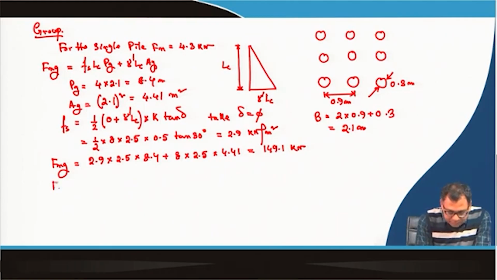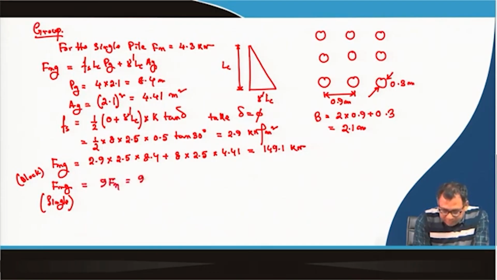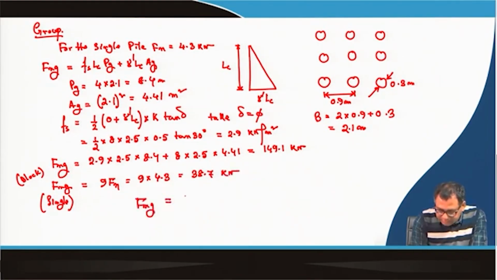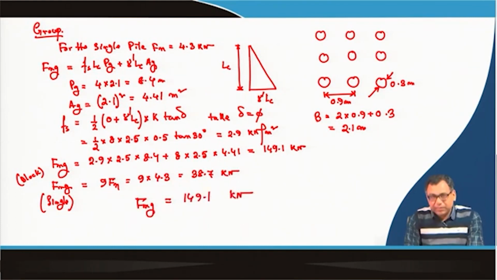This is for the block, and for the single pile consideration, this is equal to 9 into Fn, so 9 into 4.3, that is 38.7 kilonewton. So the final Fg is 149.1 kilonewton, because we take the higher of these two.